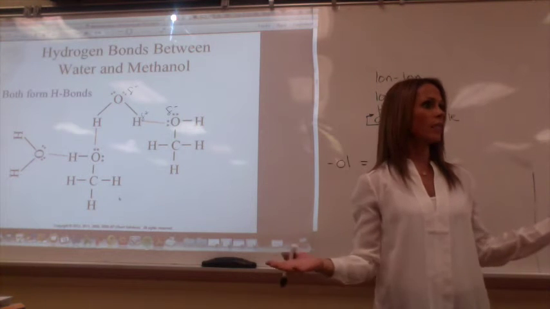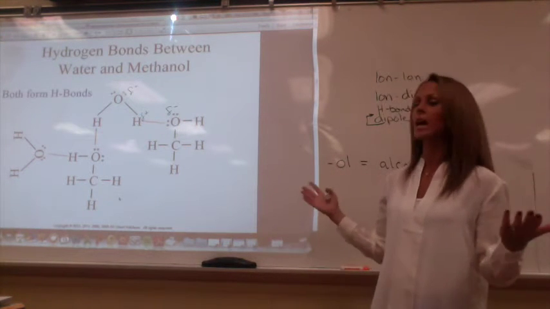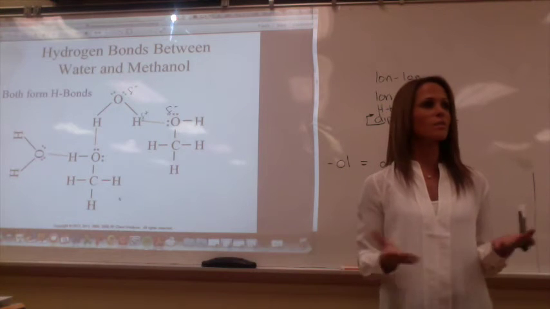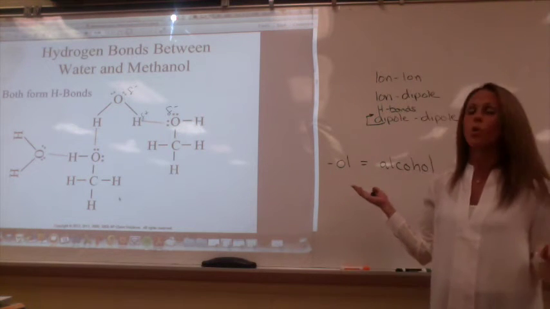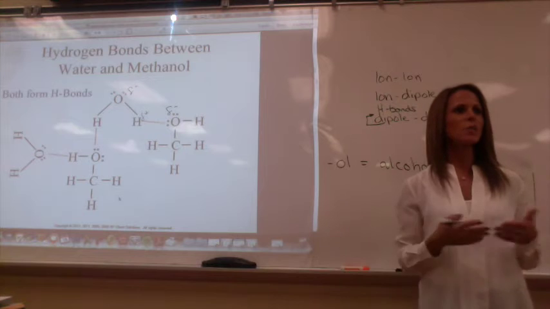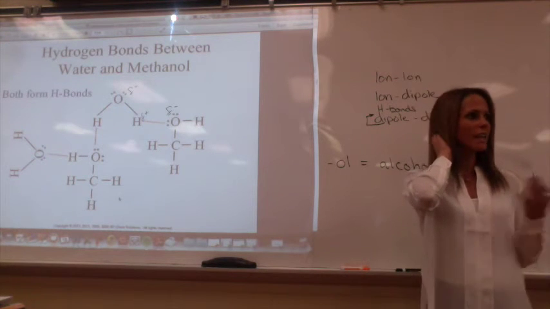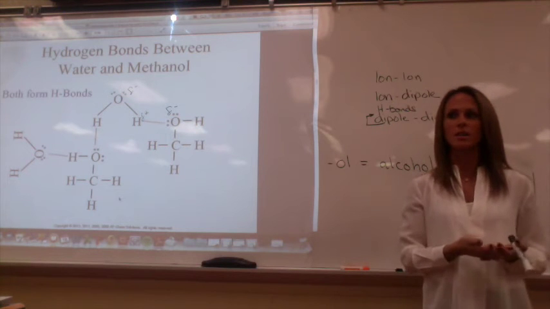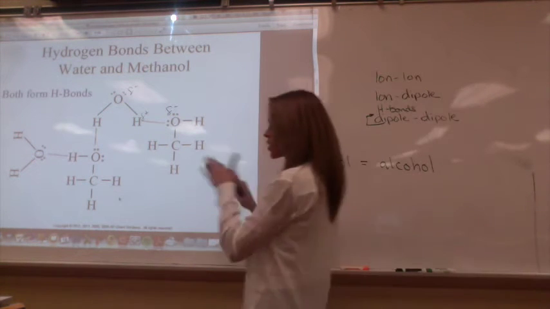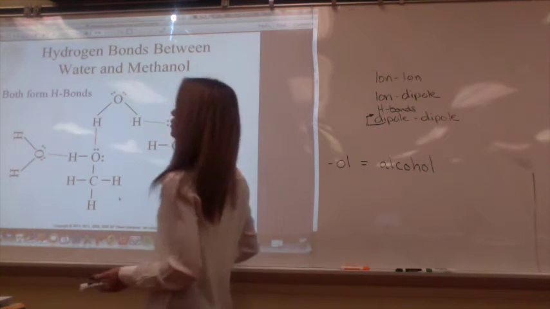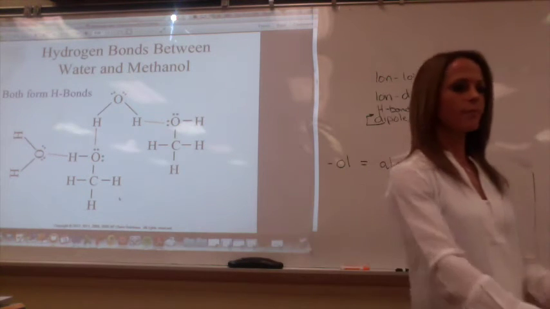Like if you, as you get older, and perhaps you attend a bar at some point, sometimes they water down their alcohol because you can't tell, it's just mixed, right? Water mixes with any type of alcohol because of hydrogen bonding. So you'll see no difference in it at all, just they're saving money.